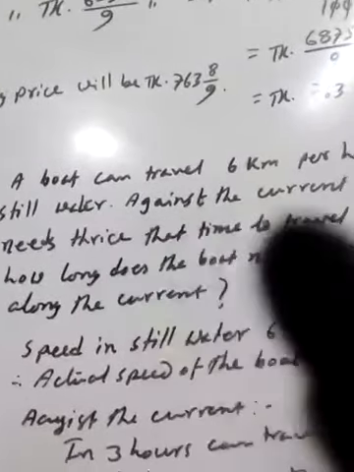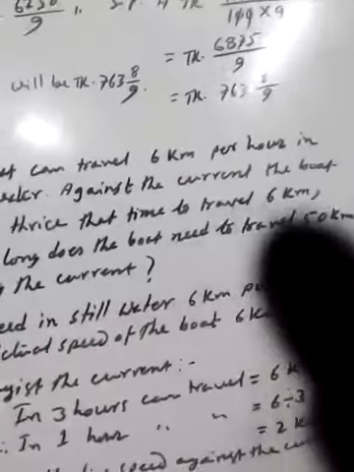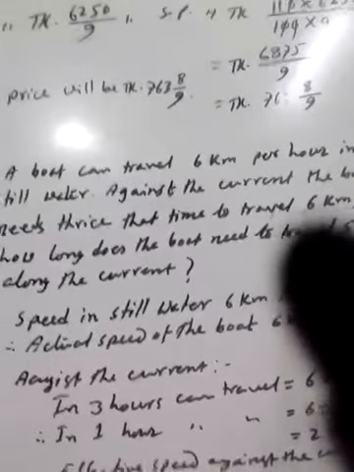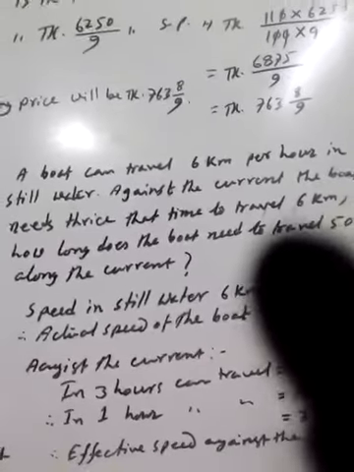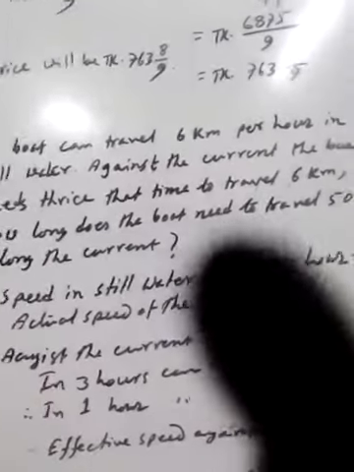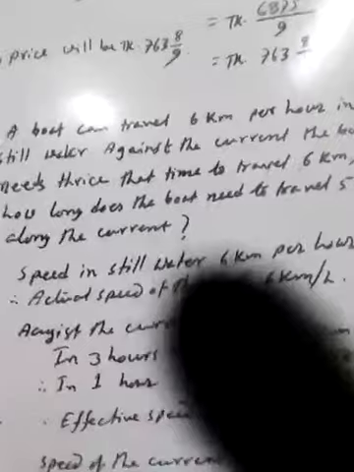Another statement: a boat can travel 6 km per hour in still water. Against the current, the boat needs thrice that time to travel 6 km. How long does the boat need to travel 50 km along the current?